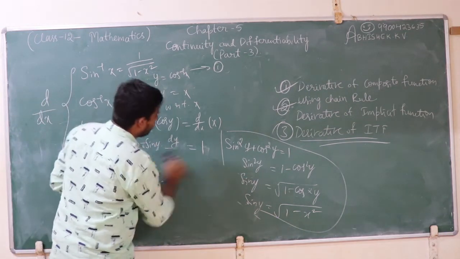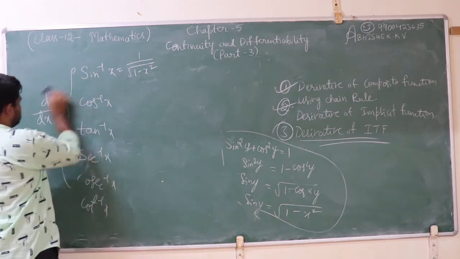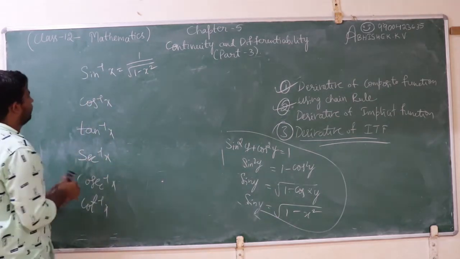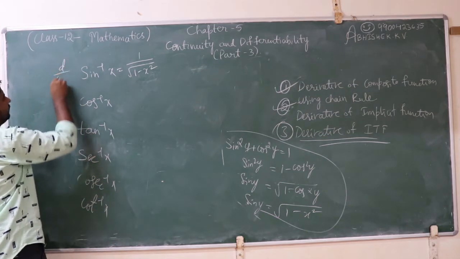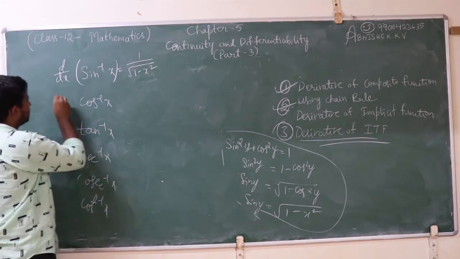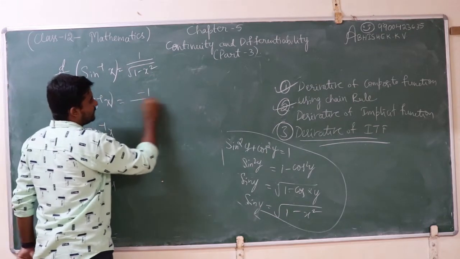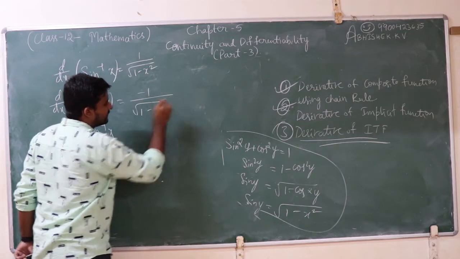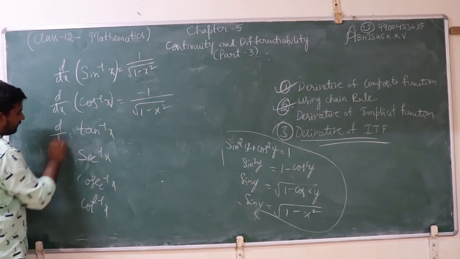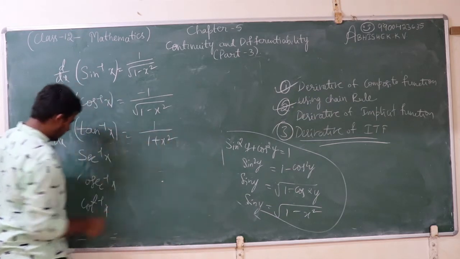Therefore, we are getting derivative of sin inverse x is 1 divided by square root of 1 minus x square. Derivative of cos inverse x is minus 1 divided by square root of 1 minus x square. Similarly, derivative of tan inverse x is equal to 1 divided by 1 plus x square.